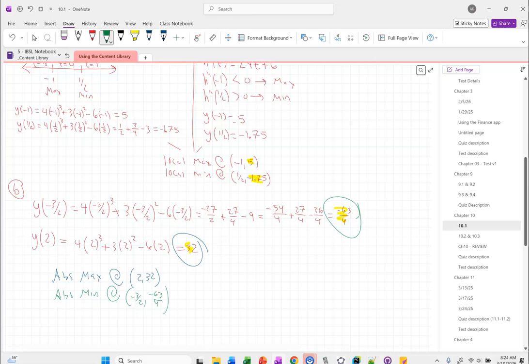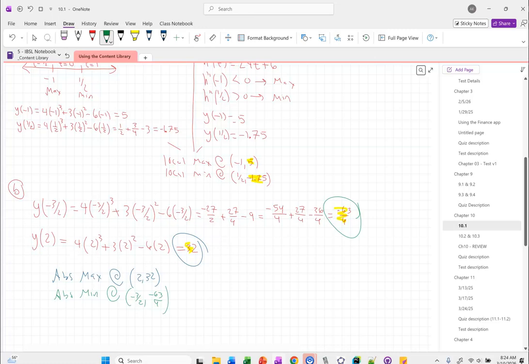Notice that part A helped us out in finding the coordinates. I need those y coordinates for the local mins and maxes to compare with the endpoints, because I need to find the highest y value or the smallest y value among the three. Or four, sorry.